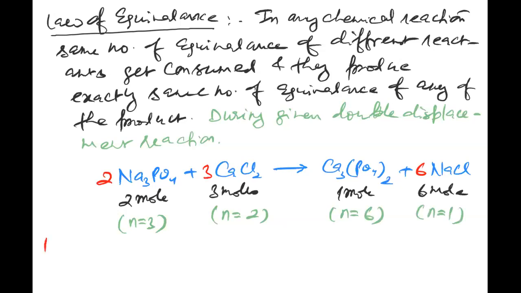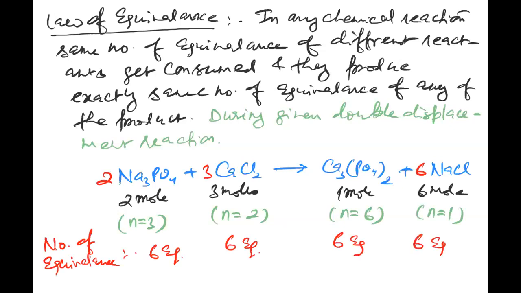As per number of equivalents, it is 2 moles multiplied by n factor, so it is 6 equivalents, and the others are also 6 equivalents. Number of equivalents is n factor multiplied by number of moles.